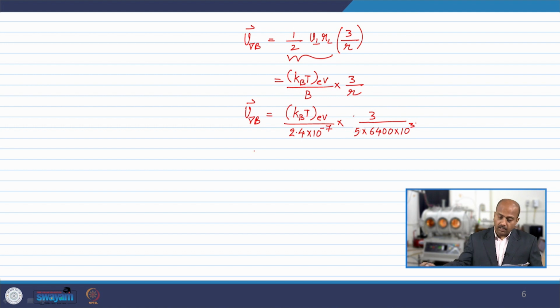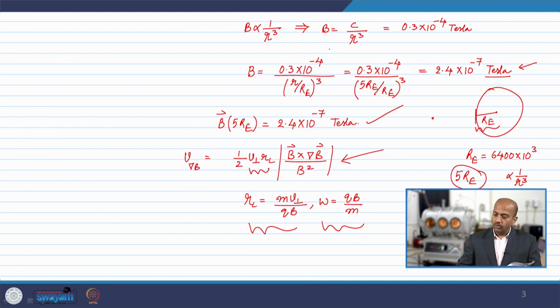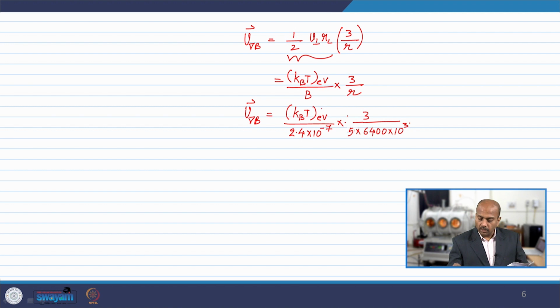Now, kBT is the energy of plasma particle in electron volts. If you go back to the question, you will see that the protons, the positive charges, have an energy of 1 electron volt, and the electrons, the negative charges, have an energy of 30 keV. So it is already in the units of electron volts, right. So we can use the energy directly in this formula.